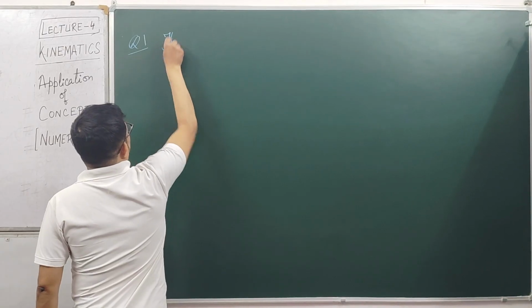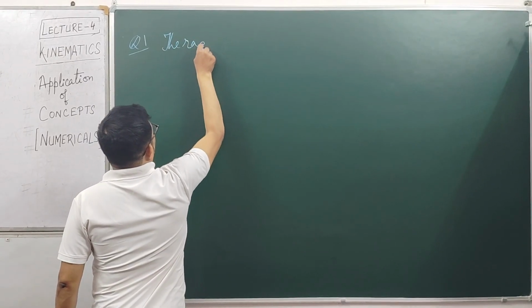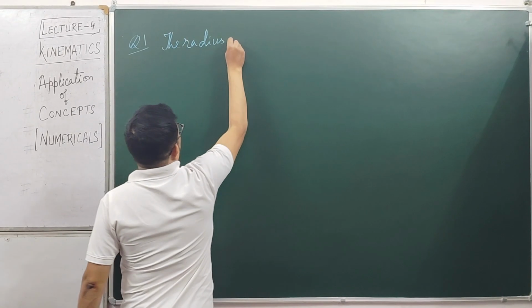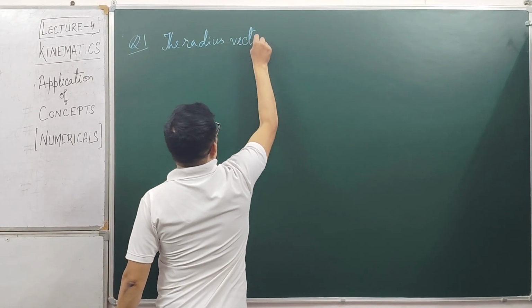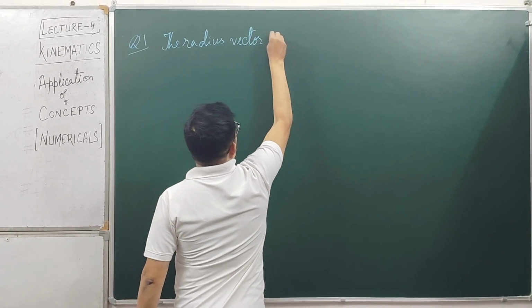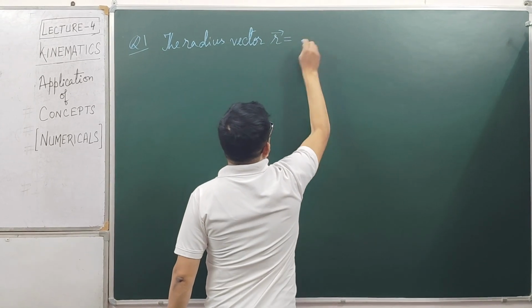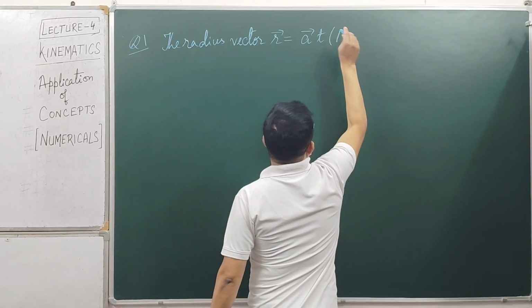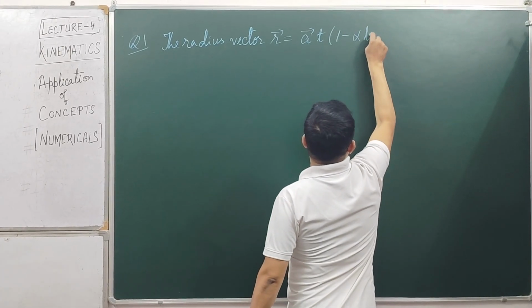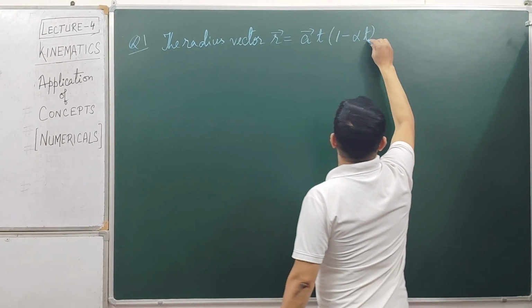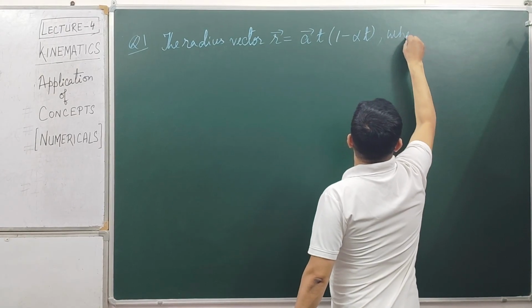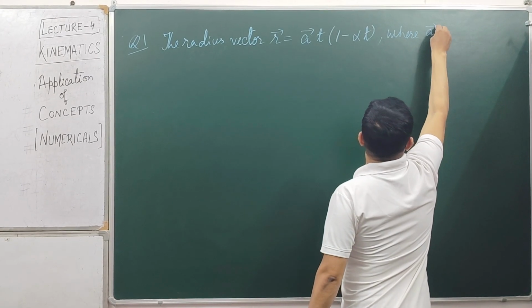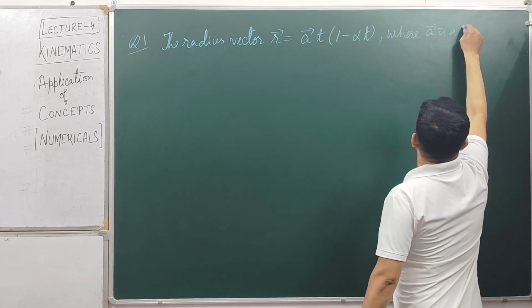Suppose the radius vector r is given by a t (1 minus alpha t), where a is a constant vector.